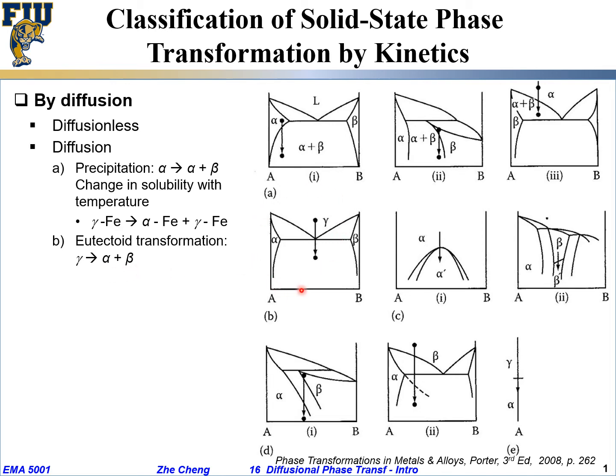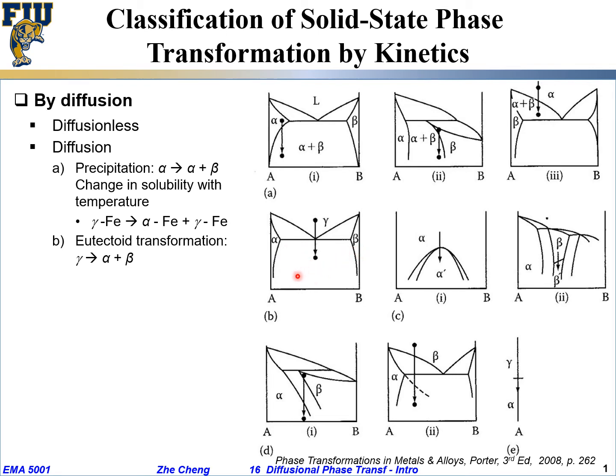This is the schematic for a specific composition that matches the eutectoid composition, going from initially gamma phase, single phase, uniform, indistinguishable, into the region between alpha and beta, the two phase region, which has some alpha phase, roughly 50-50, and some beta phase.